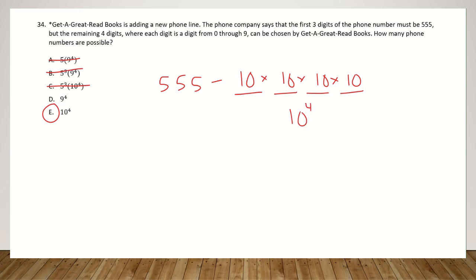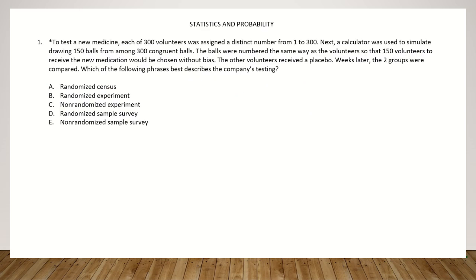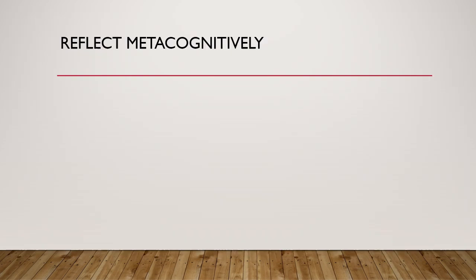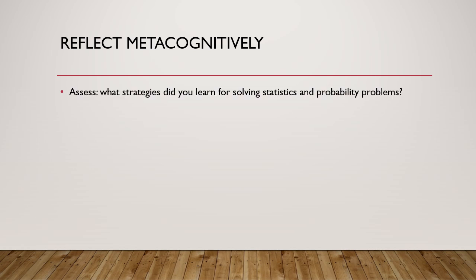Okay, and that is the end of our practice problems. So now it's time to reflect metacognitively. Assess what strategies you learned for solving statistics and probability problems. Evaluate which problems were easy and which were hard.